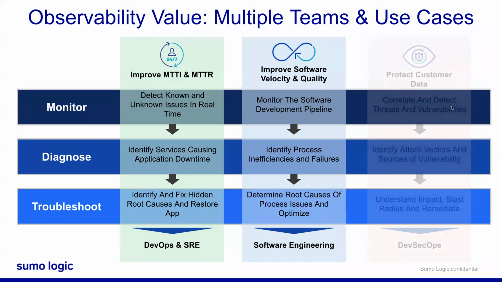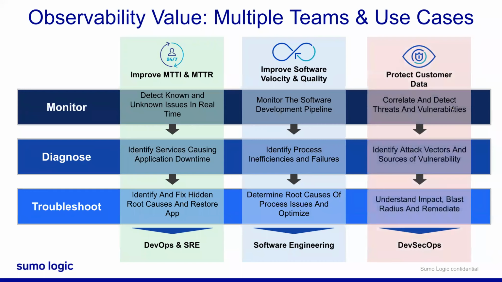And then finally, for DevSecOps folks, a bit of a tongue twister, those security-minded individuals, observability is going to ensure the correct security posture of their applications. What's unique about the Sumo Logic observability solution is that it addresses the needs of all these teams and personas in one integrated platform.